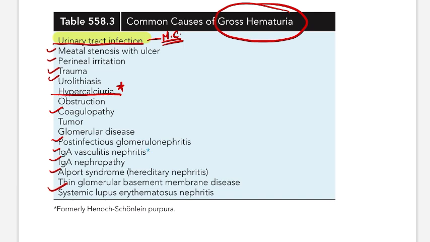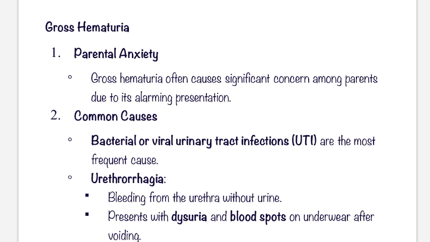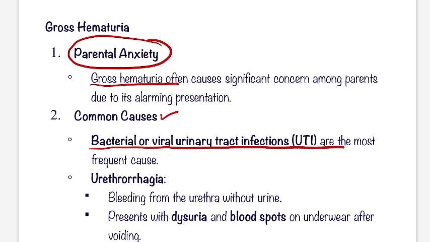But as of now, just remember these highlighted or marked conditions. So, parental anxiety is the important part in gross hematuria of OPD visits. Common causes, as we discussed, bacterial and viral UTI are the most frequent cause.